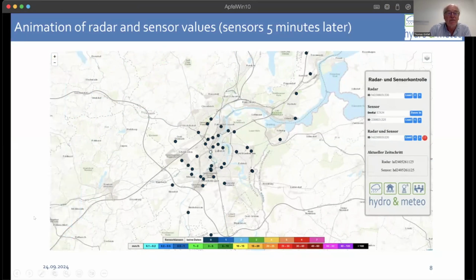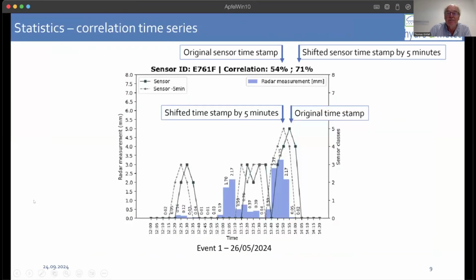So what we did is we looked around and we shifted the time series for each of these events and for each of these sensors. So we have, for example, two time series. The black line is a time series of the sensor, and the blue columns are the rainfall values from the radar.